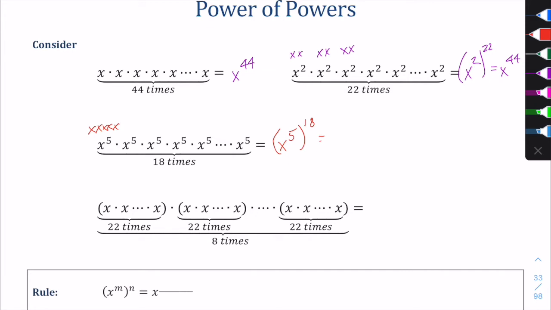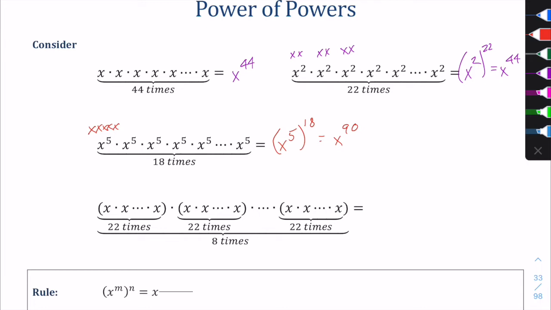Okay, so if there are 5 x's and there's 18 groups of those 5 x's, then we really have a total of 90 x's. Whoa. Did you see the pattern there yet?